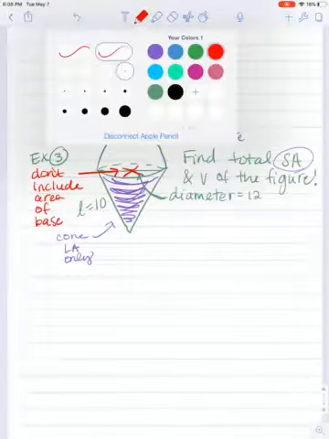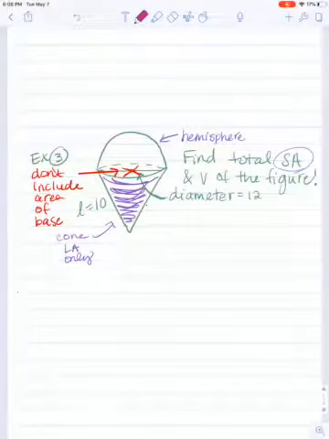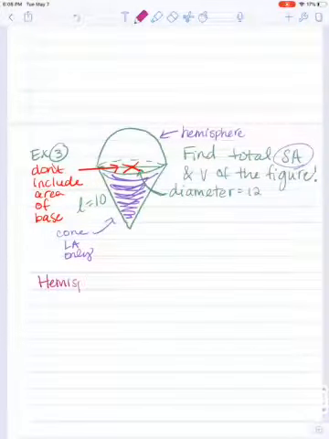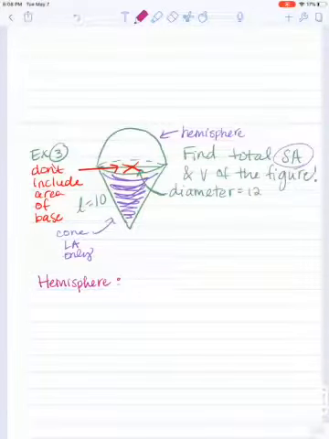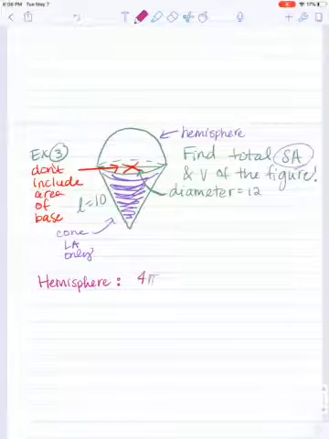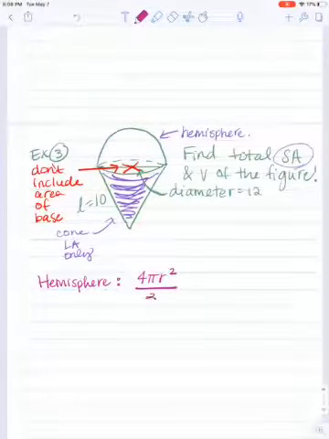All right, so let's do this one quickly. We're going to do both surface area and volume of this figure. So total surface area, I'm going to break it down into 2 parts, the hemisphere and the cone. For the hemisphere part, I'm going to be doing 4 pi r squared divided by 2.